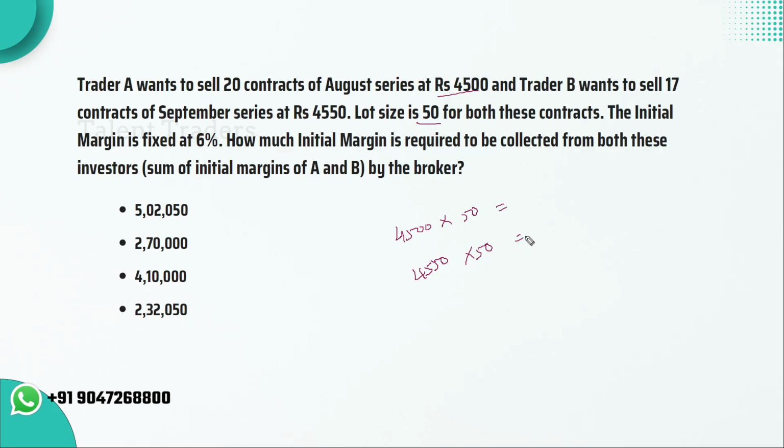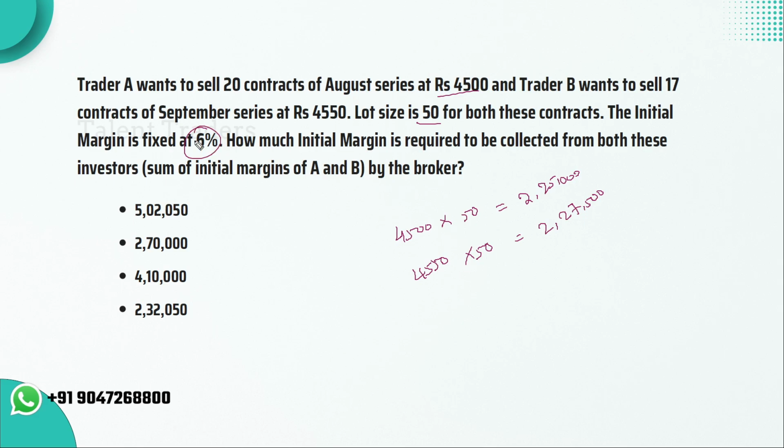So a single contract value would be 4,500 into 50, which is 2,25,000. And the second lot is 4,550 into 50, and this value is 2,27,500. The margin required is 6%.